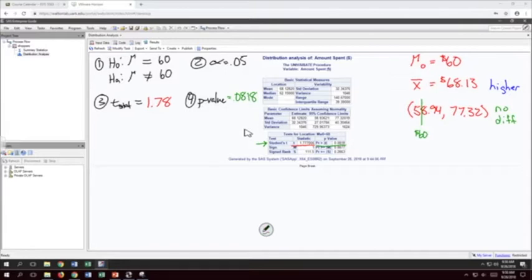So if we go back to step 5, we get to compare our p-value and our alpha level.